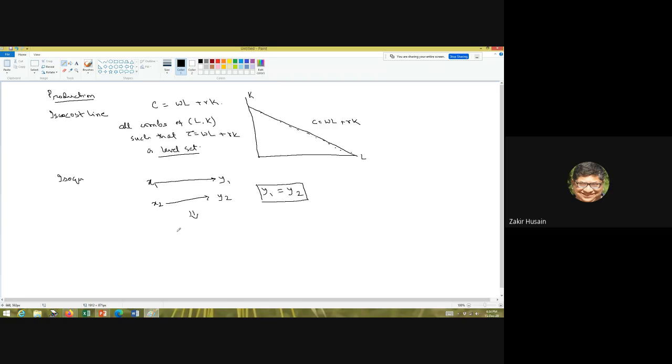So what does it imply? It has to be a many to one. Only a many to one mapping can generate a level set.